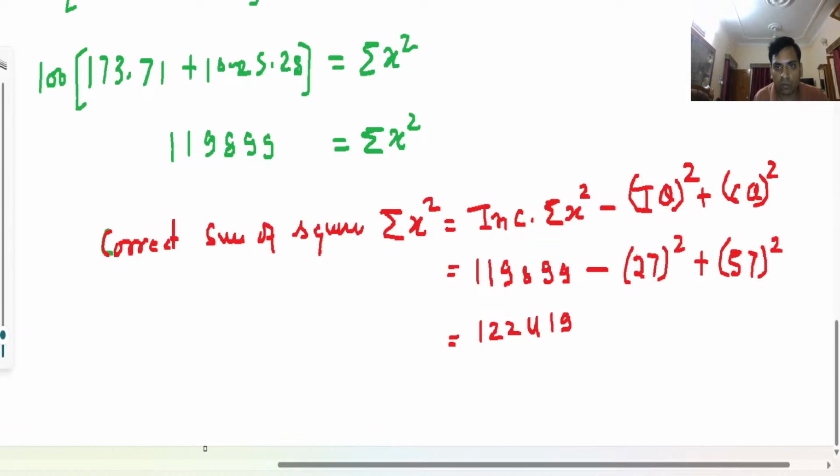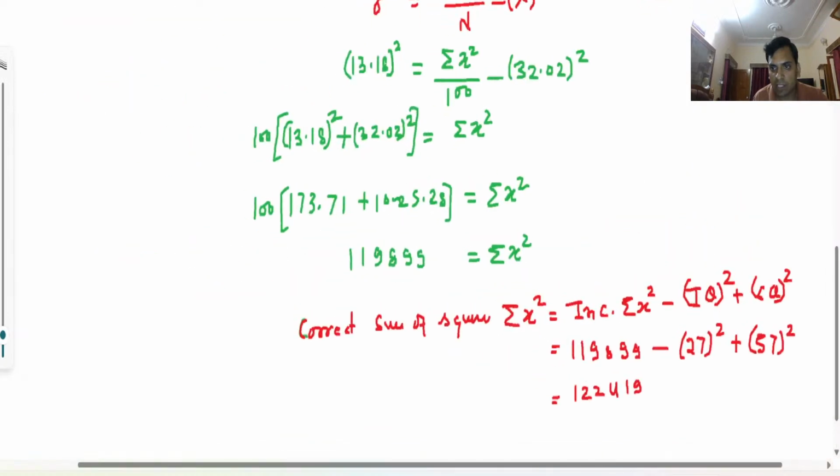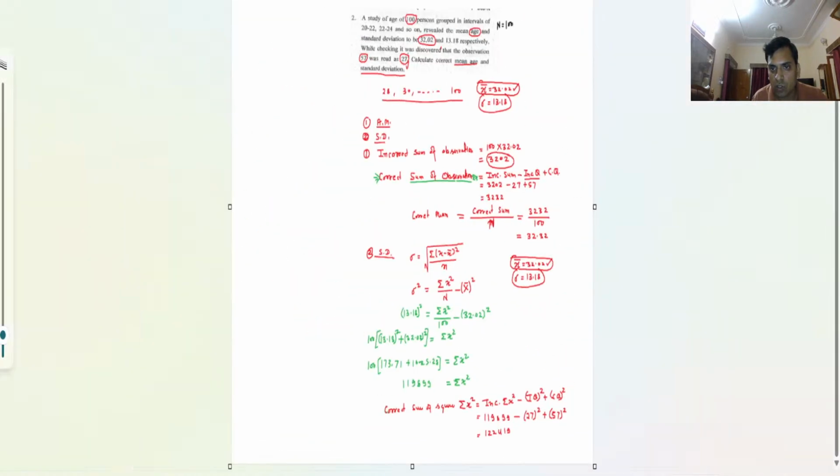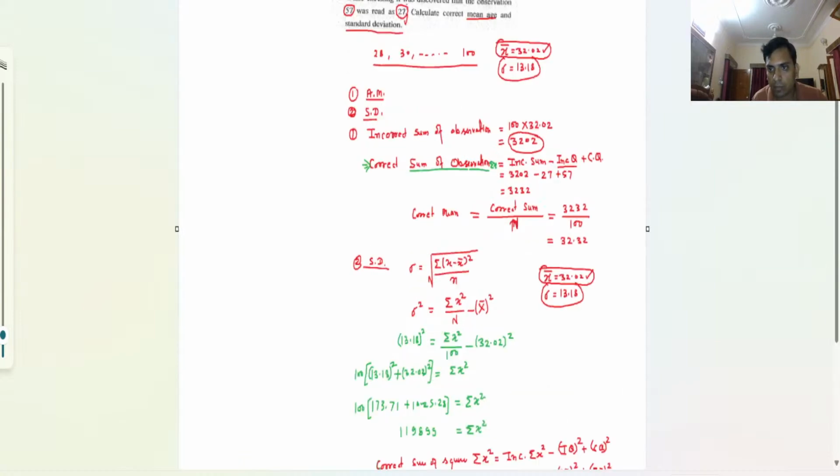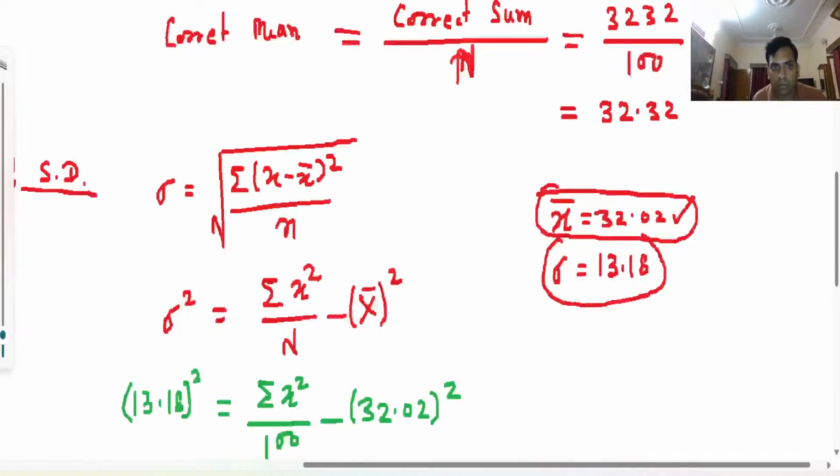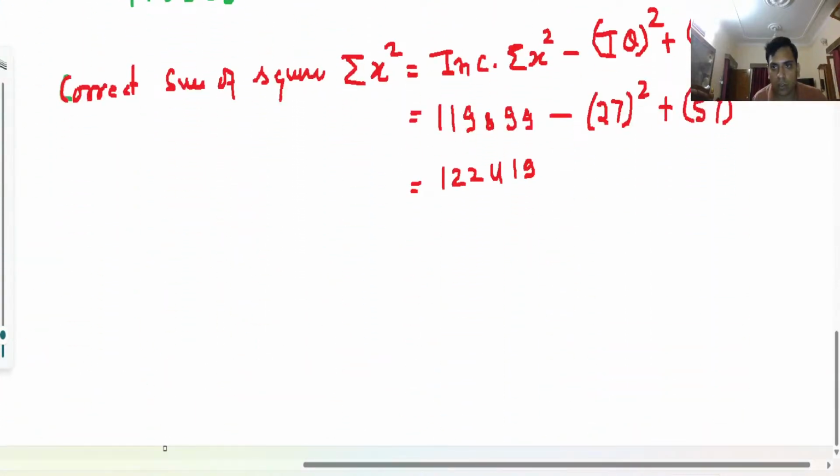Now we need to find standard deviation, correct standard deviation. So we will use standard deviation formula. So standard deviation formula again, sigma square is equal to summation of x square divided by number of observations minus x bar.